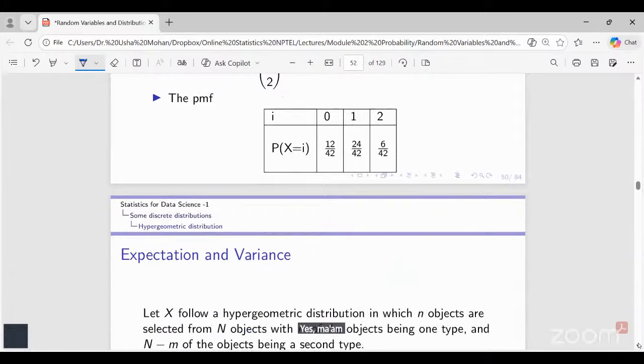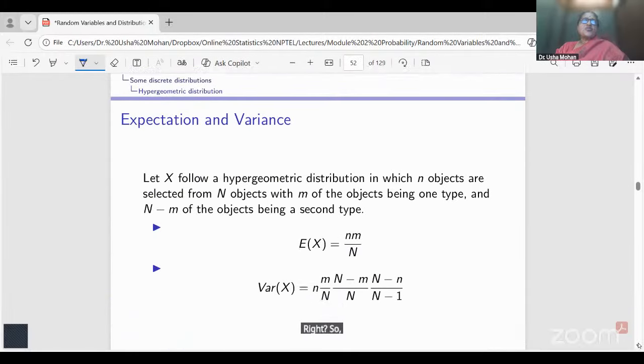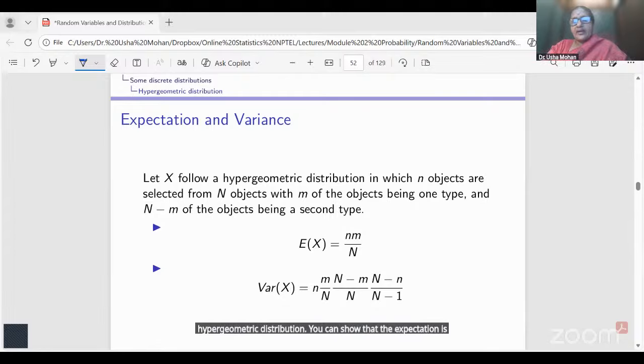So now the next thing is, what is the expectation and variance of a hypergeometric distribution? You can show that the expectation is n into M by N and the variance is n into M by N into this quantity. I just want to focus on this for now.